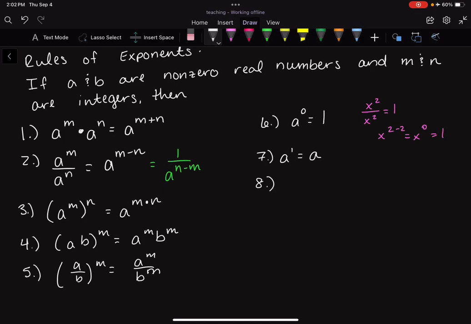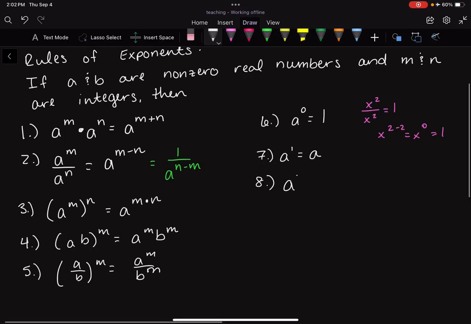Also, if you have a negative exponent, think about if you remember what to do for that. It can flip into the denominator. So any whole number can be written over 1, and then you can bring it into the denominator to make it a positive exponent.